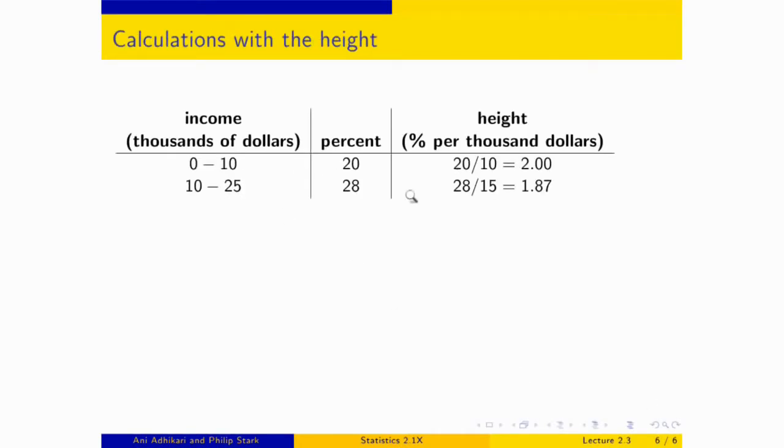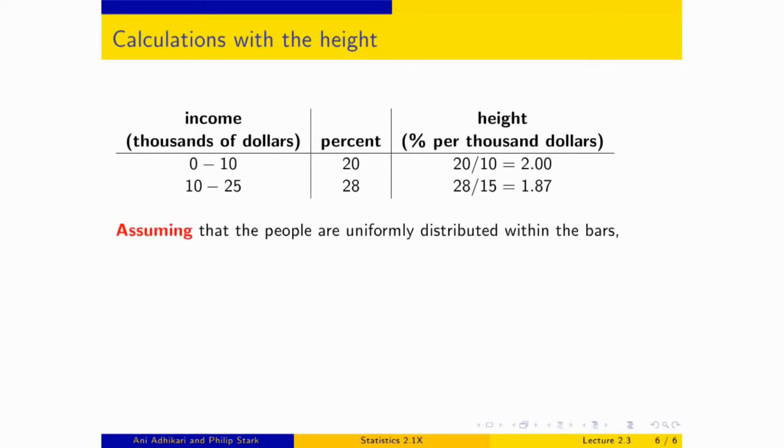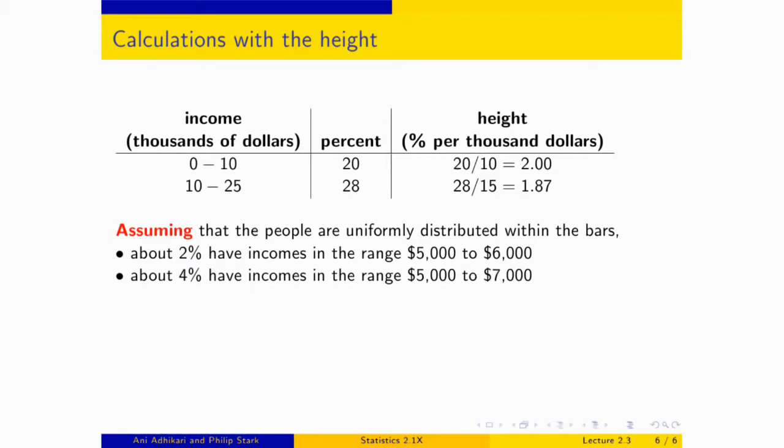Taking a look at the numbers again, what we can tell by the discussion that we've just had is under the simplifying assumption that people are uniformly distributed within bars, 2% have incomes in the range 5 to 6. So what percent have incomes in the range 5 to 7? Well, that's 5 to 6, followed by 6 to 7. And so 4% have incomes in that range.